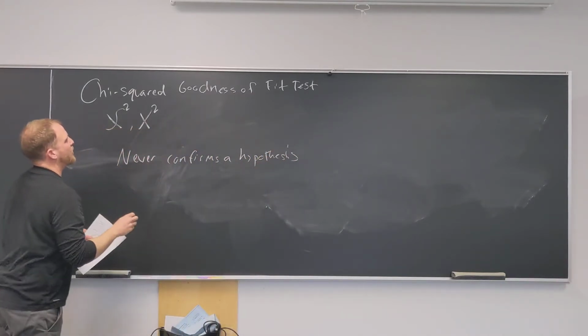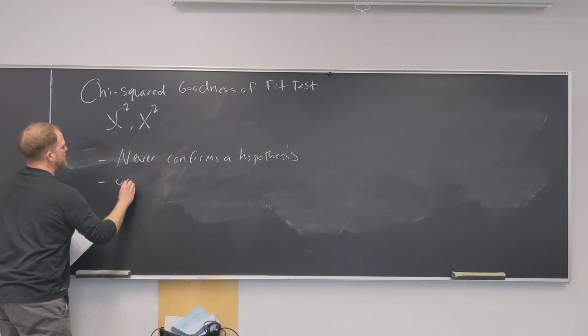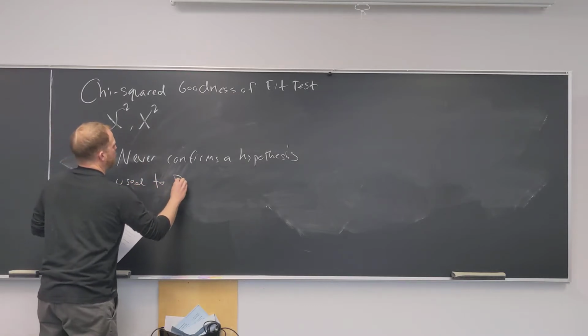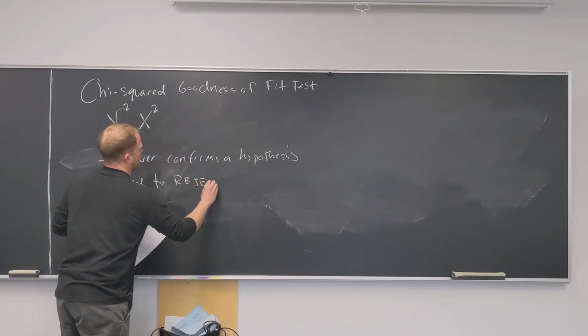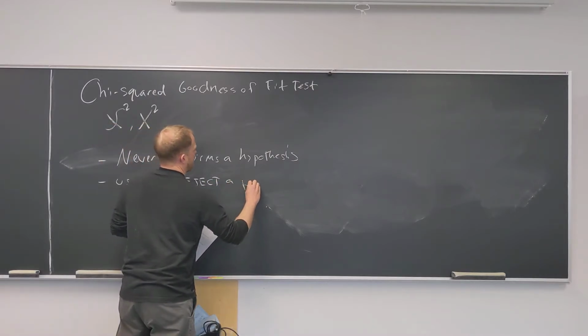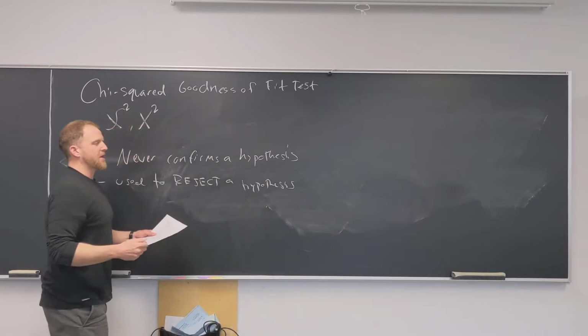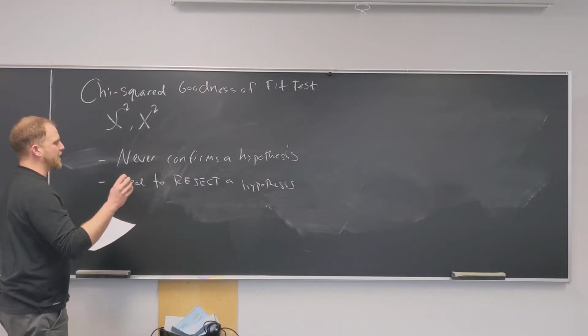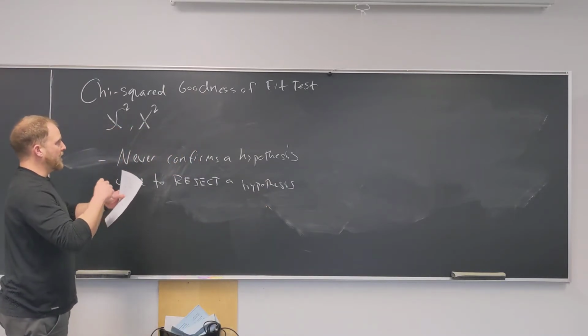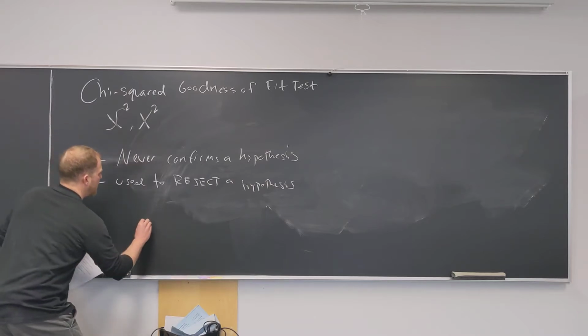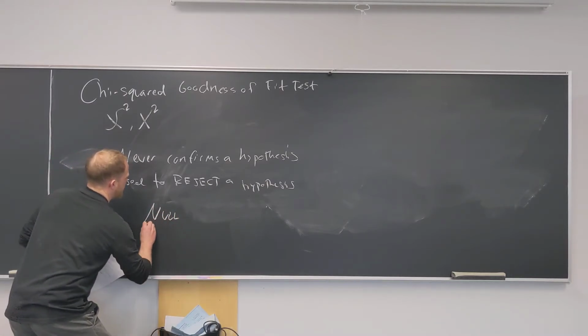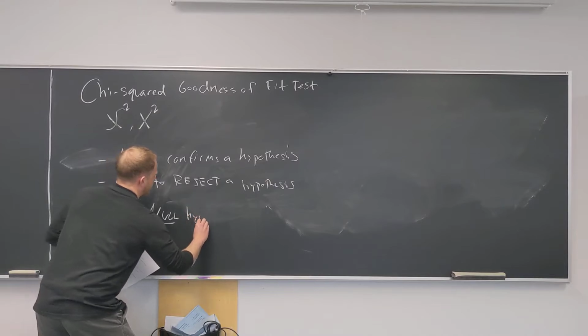Instead, what this is used for is to reject a hypothesis. It's going to test a particular hypothesis. And so the hypothesis that we use in the case of a chi-squared test is the null hypothesis, N-U-L-L.